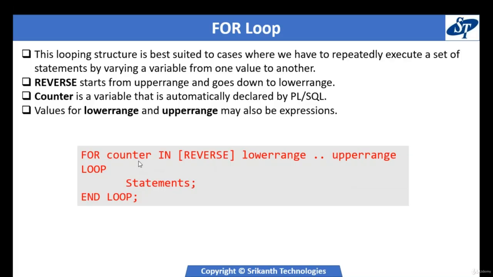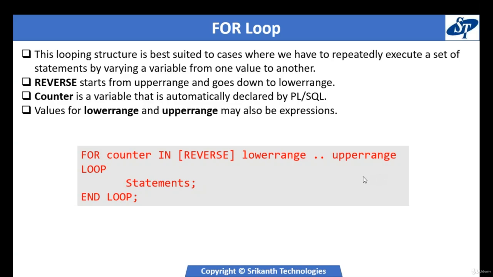So this is the counter, this is the lower range, this is the upper range, and we need to give two dots in between. These two can be either constants or even expressions. And it will repeatedly execute these statements as long as the counter does not exceed the upper range.